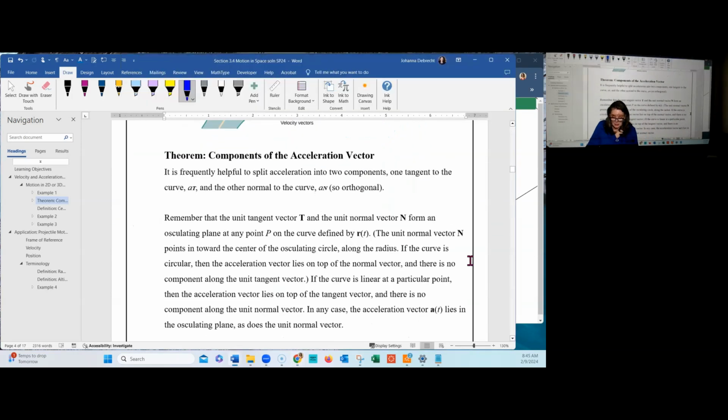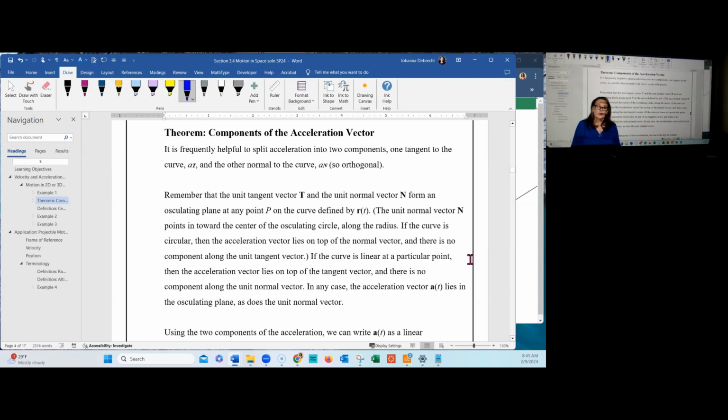What we want to do then is split the acceleration vector into two components. Remember that the TNB framework, the Frenet frame, provides a three-dimensional coordinate system at the point in space where the object is. So we want to take the acceleration vector, which lies in the plane spanned by the unit tangent and the unit normal vector, and split it into components that lie parallel to one of those two vectors.